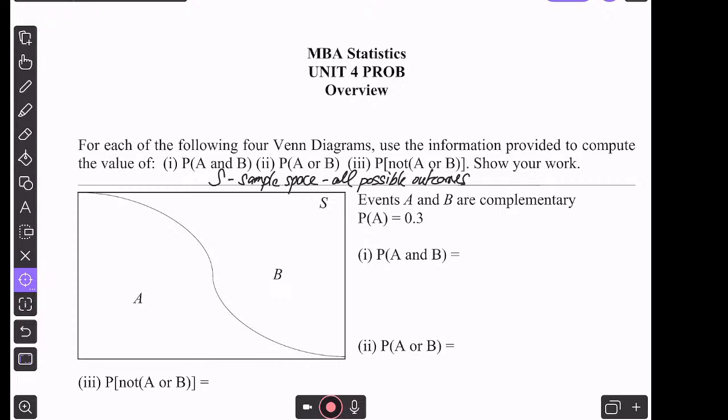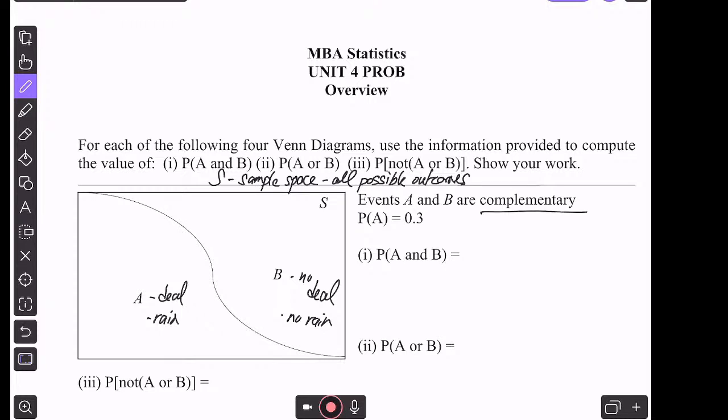An example would be deal or no deal. So this could be the event of a deal, and this could be the event of no deal. Or you could say rain or no rain. They're complementary, we say. These are complementary events.